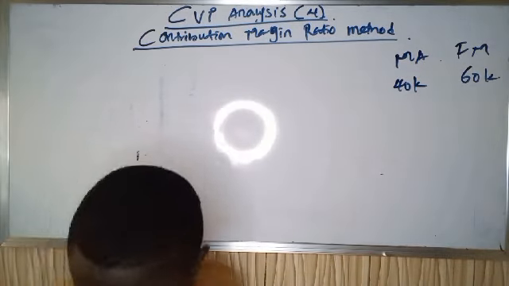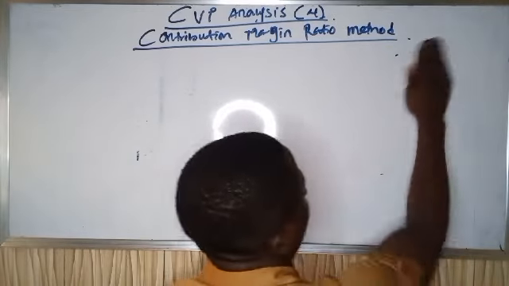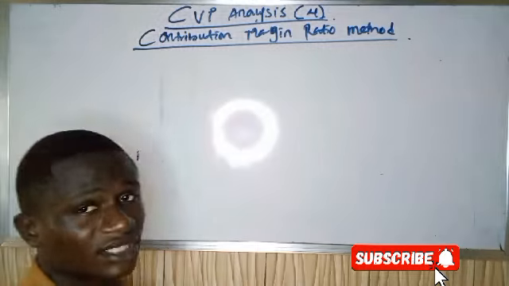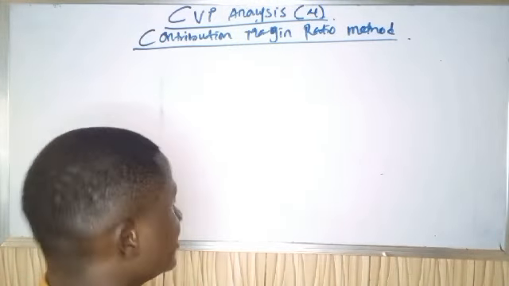So going by the contribution margin ratio formula, the requirement is that we should calculate the break-even point in units and break-even point in value.